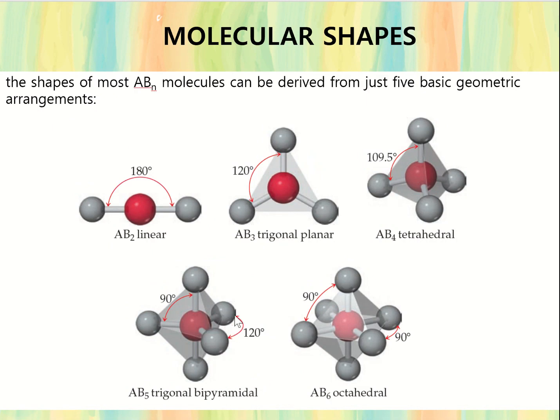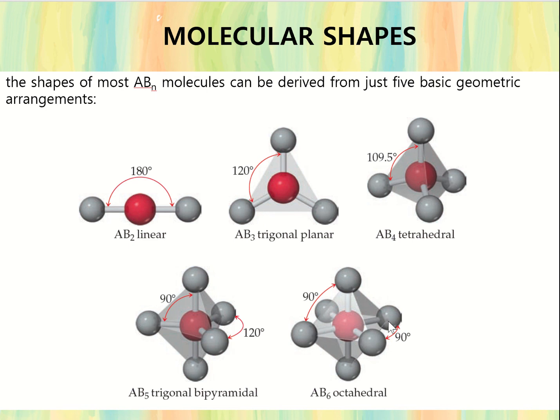So we have 180 degrees separating these two atoms, and we have 90 degrees separating the upper atom from these in the middle. And then finally our octahedral, and that is literally just 90 degrees.